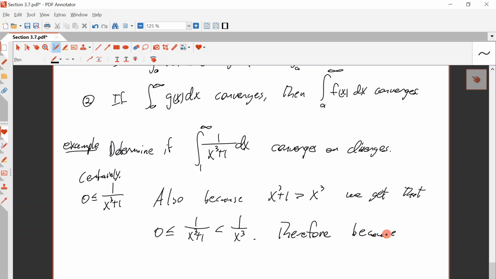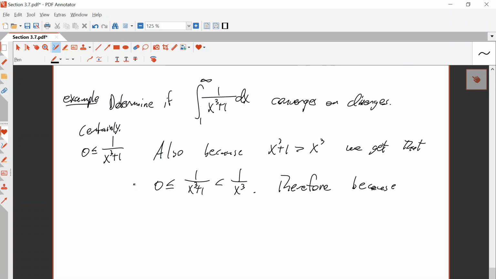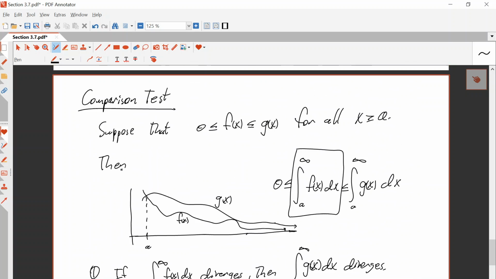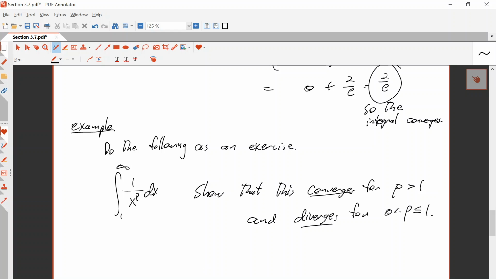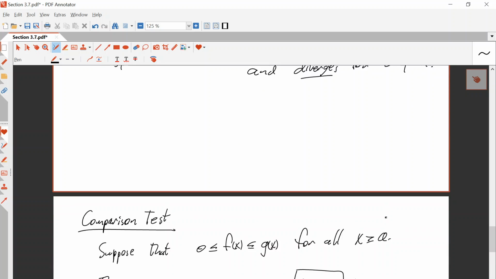Therefore, because the integral from 1 to infinity of 1 over x to the third dx converges, in this example, 1 over x to the p, the integral from 1 to infinity, converges for p's bigger than 1 and diverges for p's less than or equal to 1.